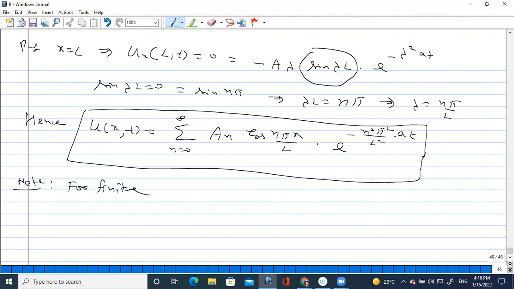So up to here, we have solved these problems only for a finite bar.